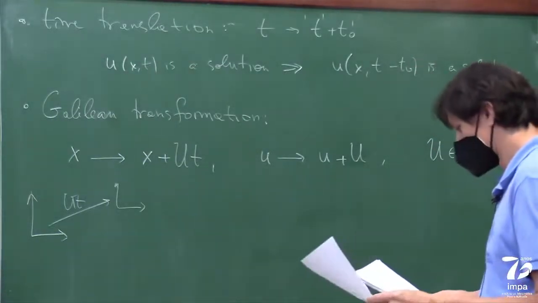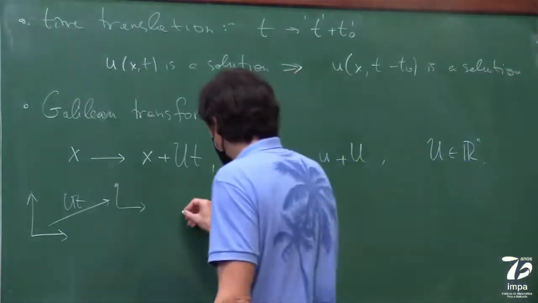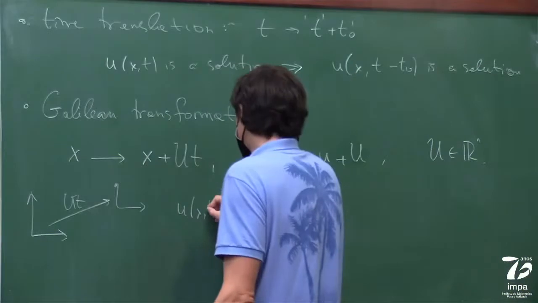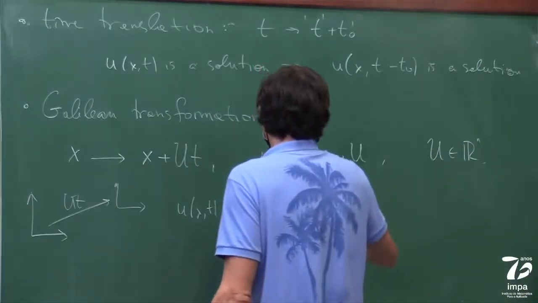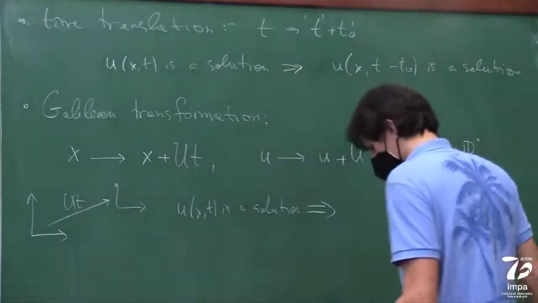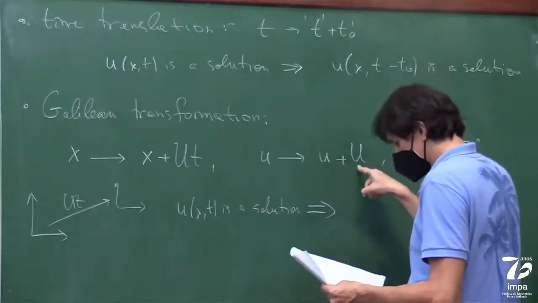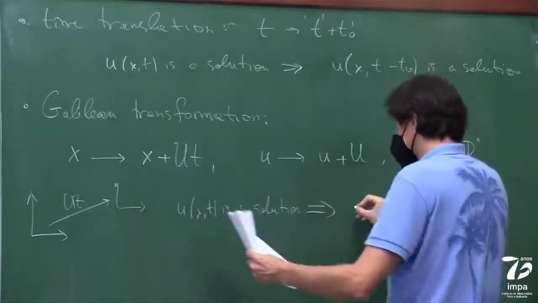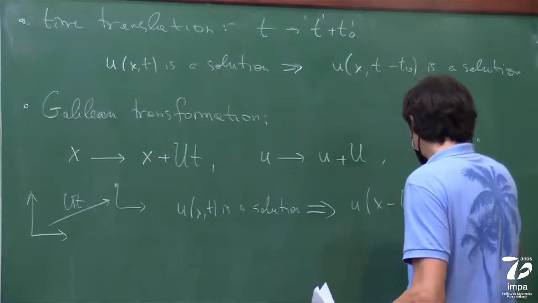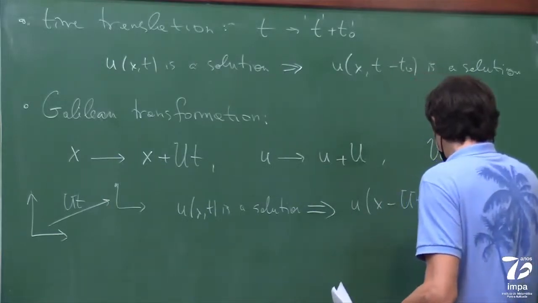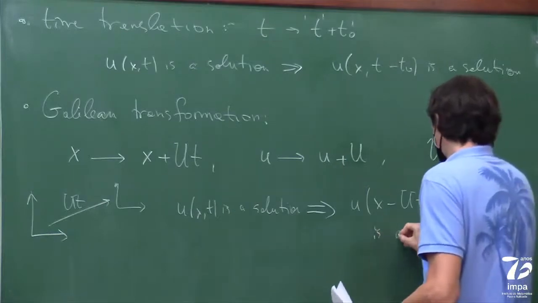So what does it mean? It means that if u(x,t) is a solution, then you have to add u, and also you have to shift the coordinates. So then u(x minus ut, t) plus u is a solution.